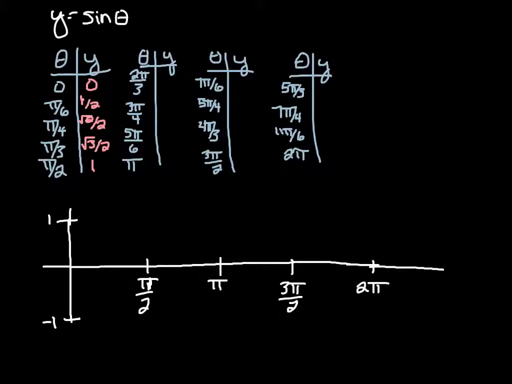So I'm just going to plot those points right now. So we know 0, 0, and we know when theta is pi over 2, sine is going to be 1. So pi over 6, it's right around here, it's going to be 1/2. Well, actually, it's not too accurate.